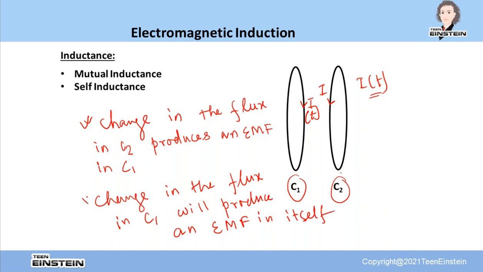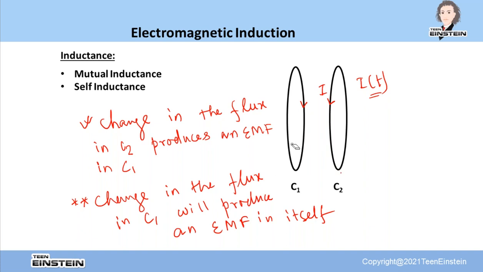So there are two things I have discussed now. If I have two coils and you pass a time varying current in one coil, or somehow change the flux in the C2 coil, then it will induce an EMF in the C1 coil.